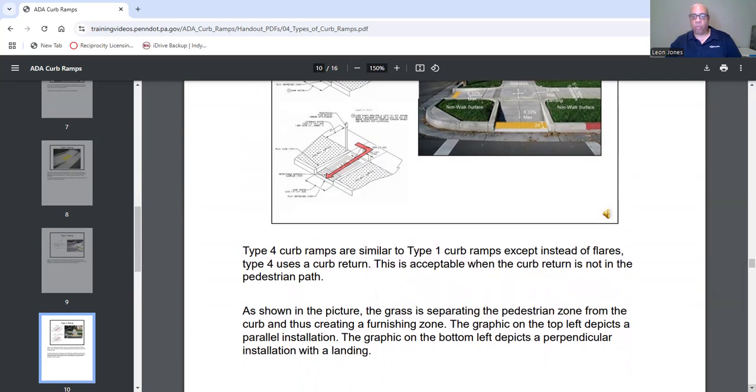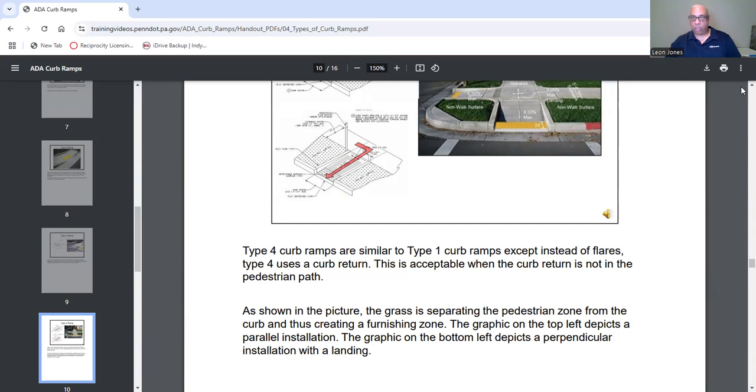This is acceptable when the curb return is not in the pedestrian path. As shown in this picture, the grass is separating the pedestrian zone from the curb and thus creating a buffer zone. Graphic on the top left depicts a parallel installation. The graphic on the bottom left depicts a perpendicular installation with the landing.